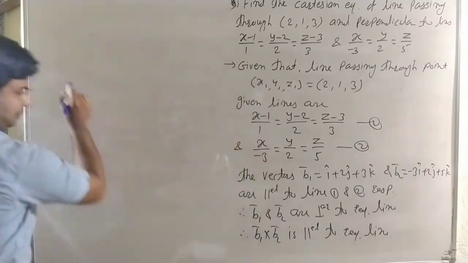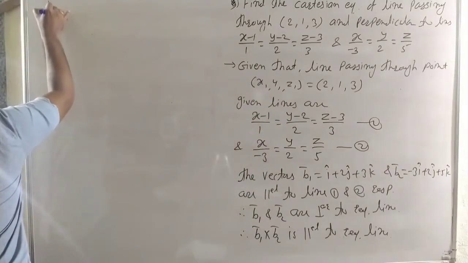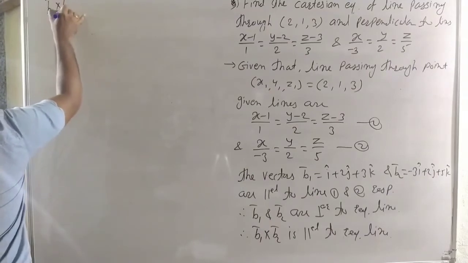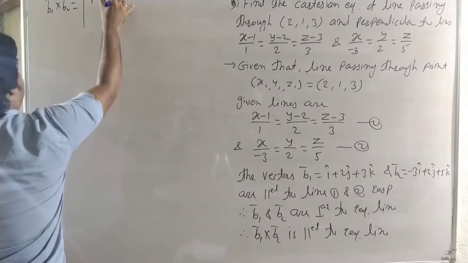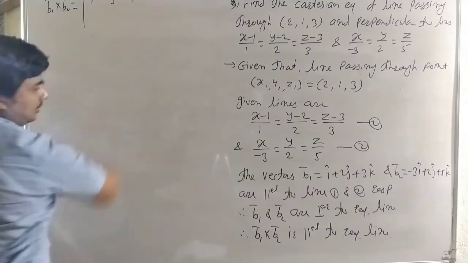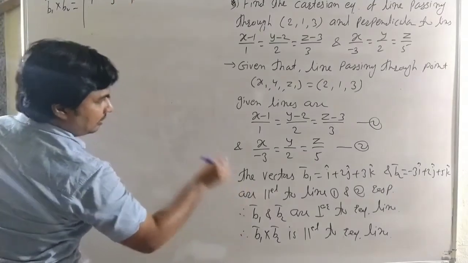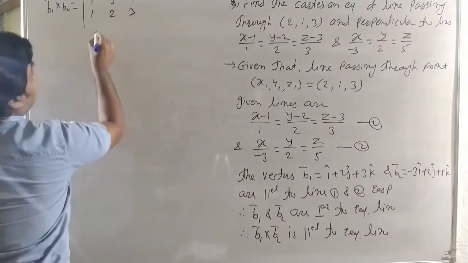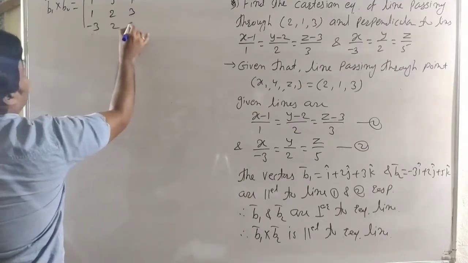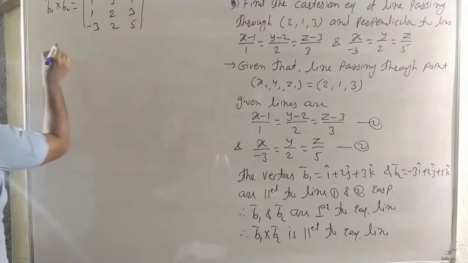Now here, b1 bar cross b2 bar is equal to the determinant of i cap, j cap, k cap; 1, 2, 3; minus 3, 2, 5. Okay, take the cross product.